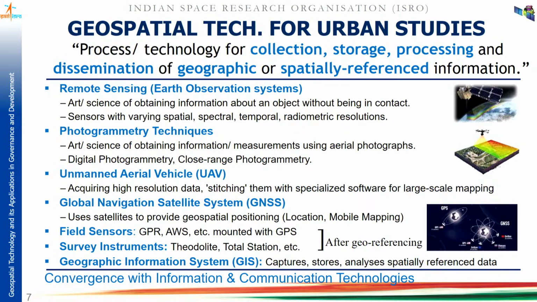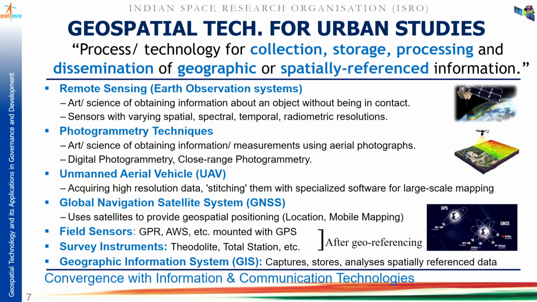And automatic weather stations are also being used for monitoring of the urban microclimate. Apart from that, we are also sometimes using the traditional survey instruments like the theodolite and total station also.